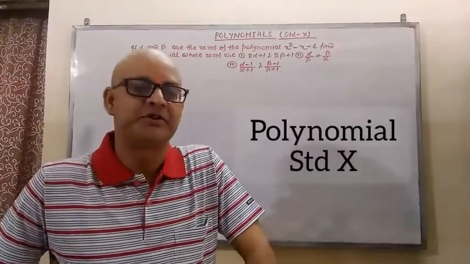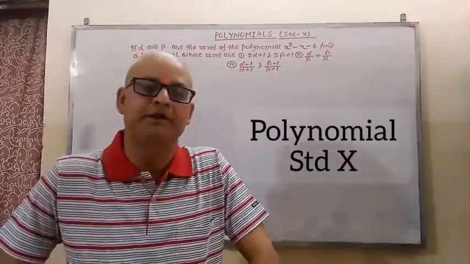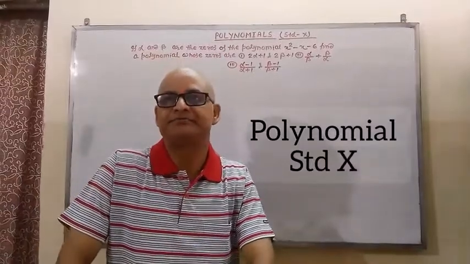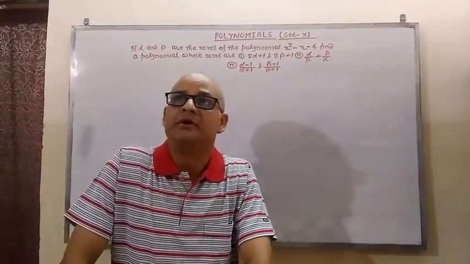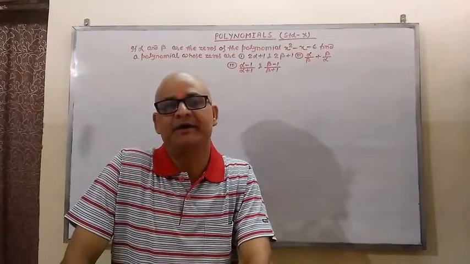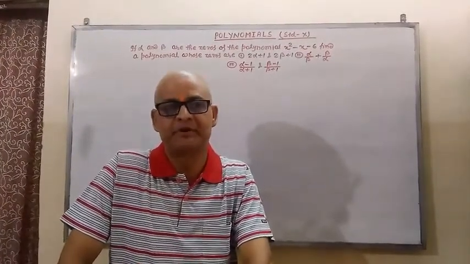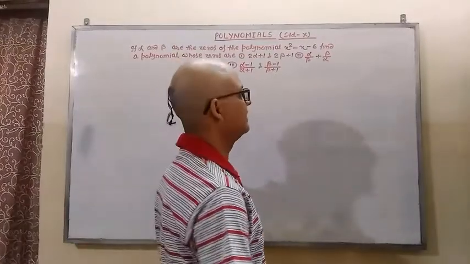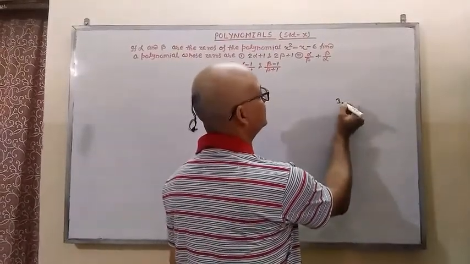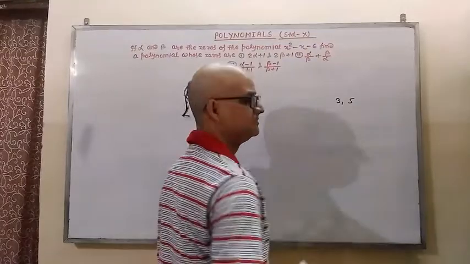Now, for standard 10 polynomials, the next part is: if two zeros are given, then find the quadratic polynomial. Suppose two zeros are given, 3 and 5.